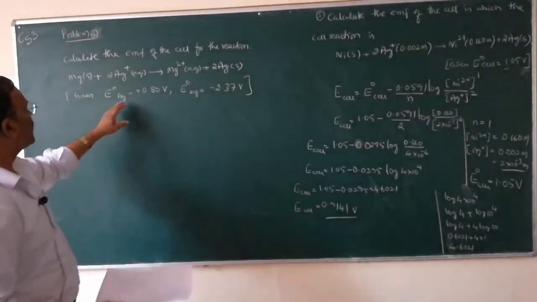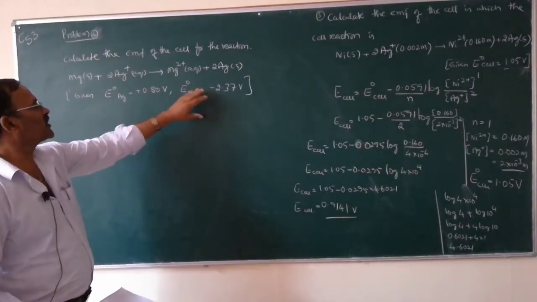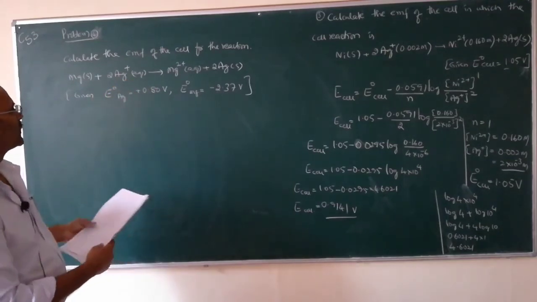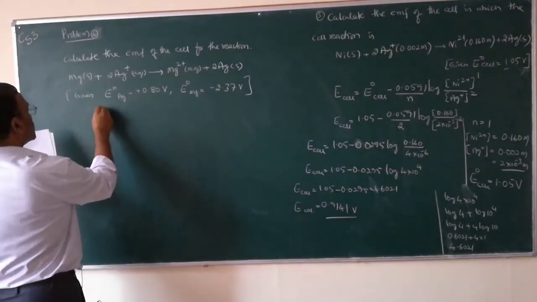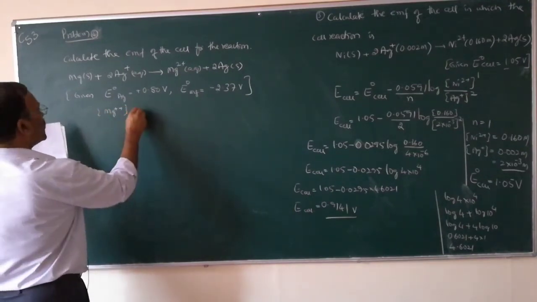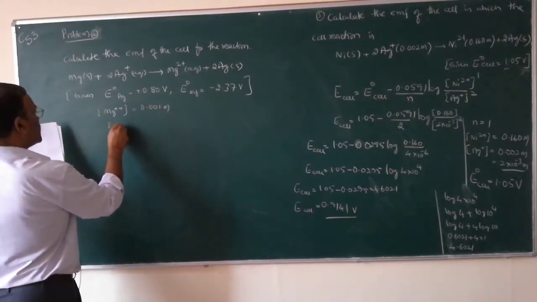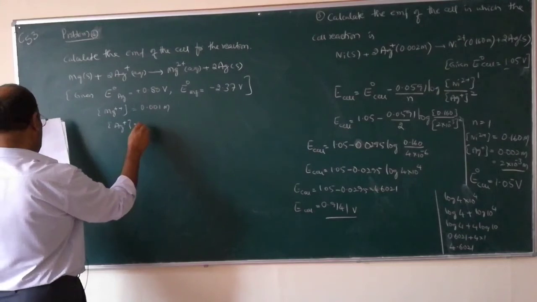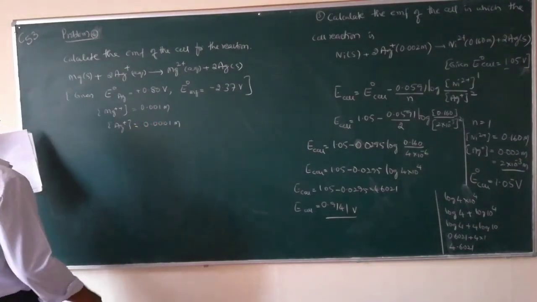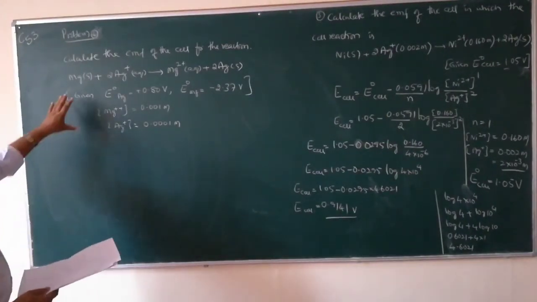So to get E naught of cell, subtract lower electrode potential from higher electrode potential. And then concentration of Mg2 plus is equal to 0.001 mole. Concentration of Ag plus is equal to 0.0001 mole. So you do the problem for this one.